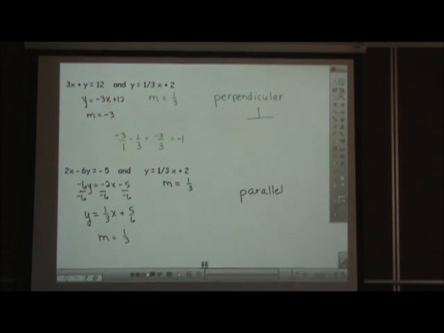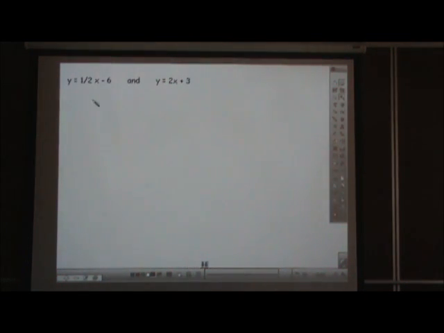All right, and I think I have one more example for you. I have them in slope-intercept form. m is equal to 1/2 when you look at your equation there. And on this one, m is equal to positive 2. Now, the first thing I notice is they are reciprocals, but they have the same sign. They don't have opposite signs, so they are not perpendicular.